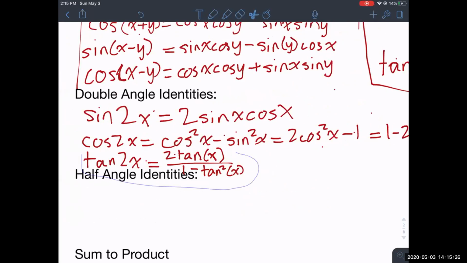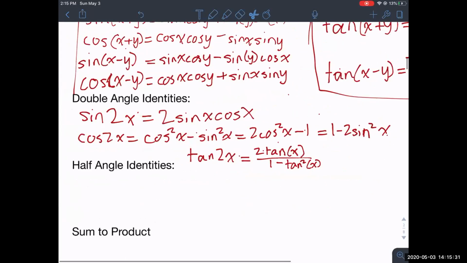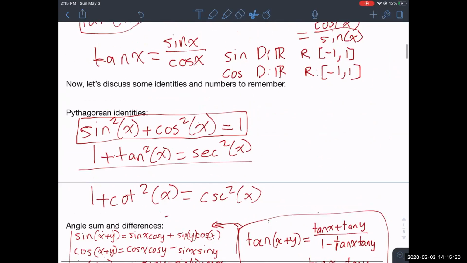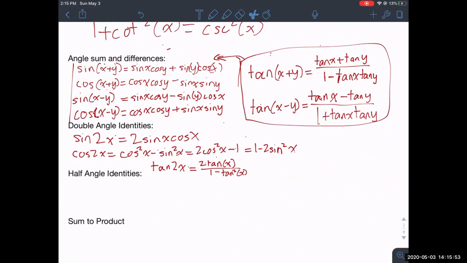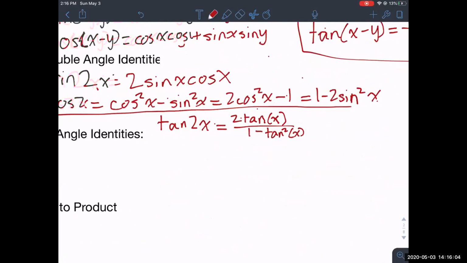I'll scooch it out because it's kind of hard to see. But there, that's tangent. I know this is a lot of formulas, but just write them somewhere and practice memorizing them, and eventually you'll get really comfortable with them. And if you want the ones for secant, cosecant, and cotangent, you can just take the reciprocal of the respective ones here. For half angle, a lot of these are rederivable from the ones for cosine.